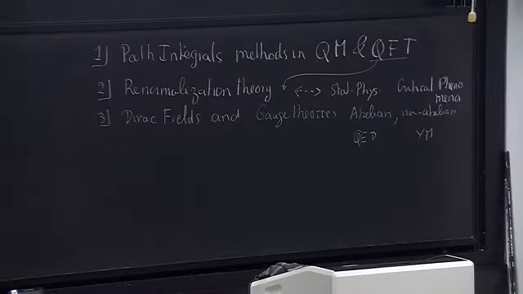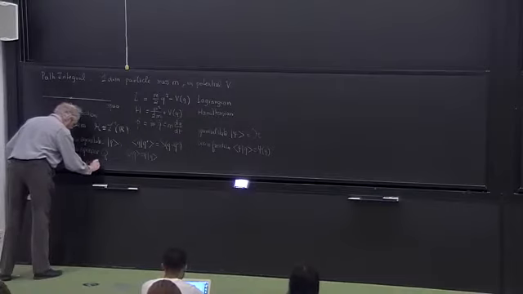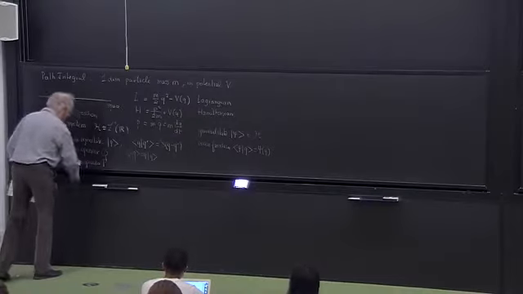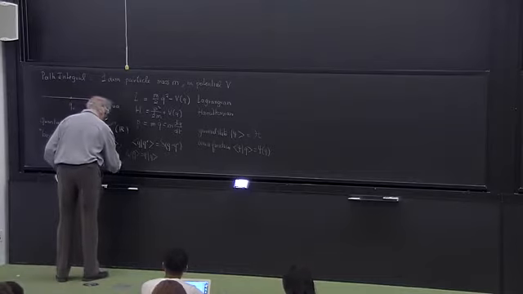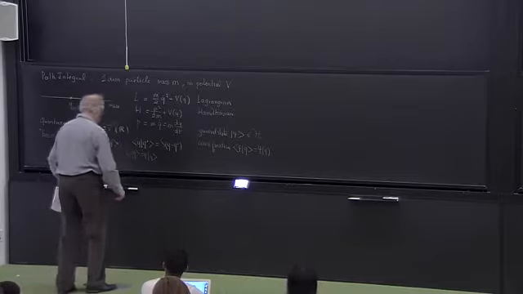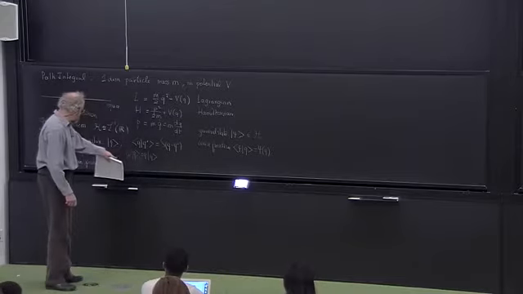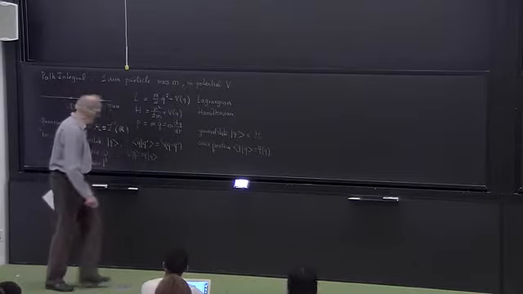And now you have also the momentum operator P, which is basically given by h bar over i times, in this representation, a derivative with respect to q.